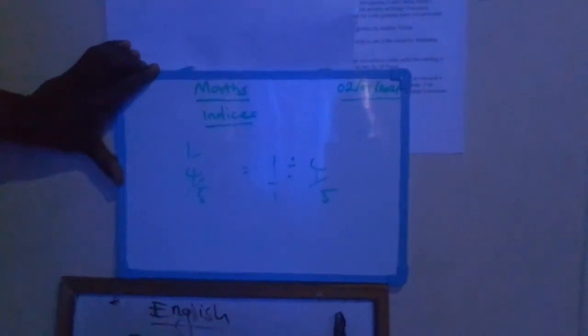When it is written this way, most of the students get confused. To make it simple, it is the same as 1 divided by this fraction, so you can write 1 divided by 4 over 5. Then you change this division to multiplication.